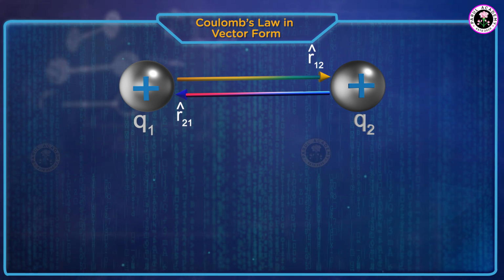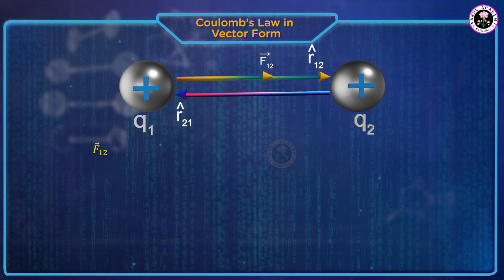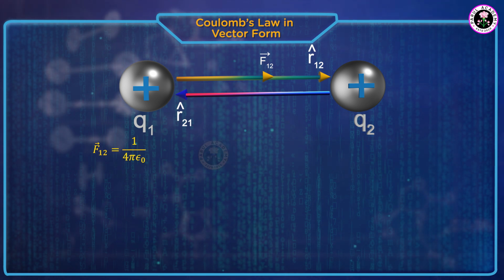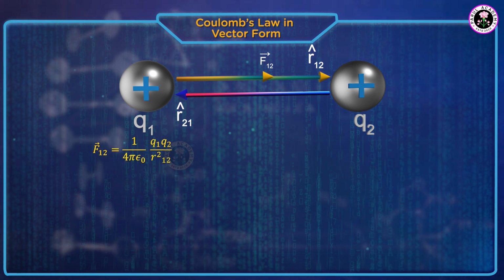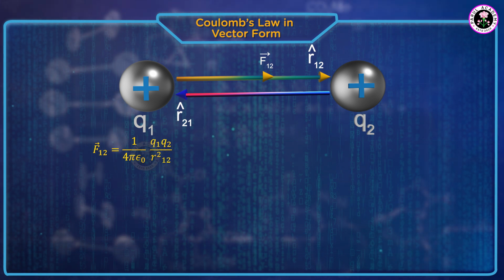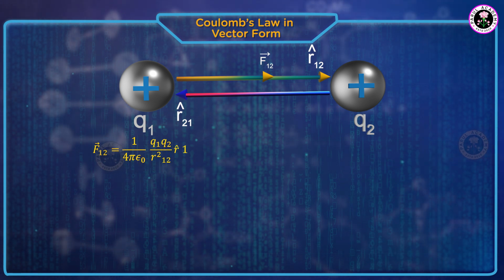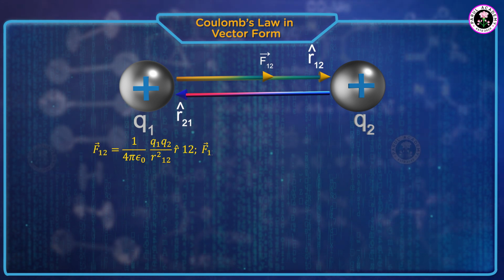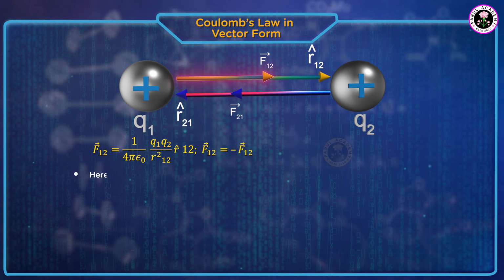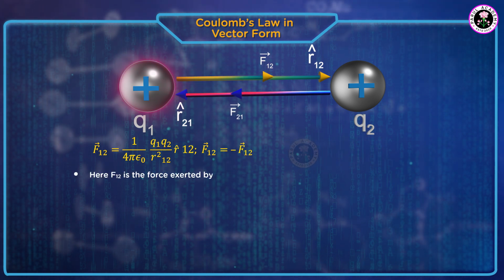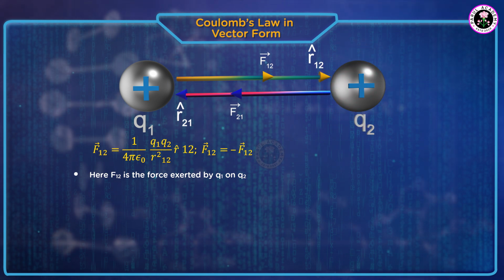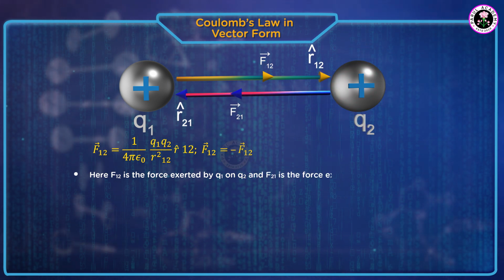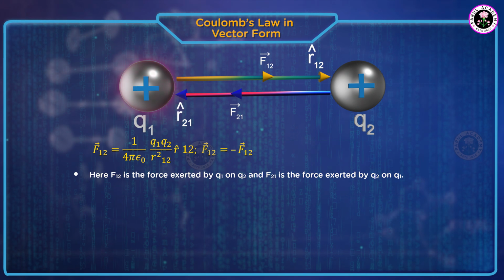Then F12 vector equals 1 by 4 pi epsilon naught Q1 Q2 divided by r12 square into r12 cap. So F12 vector is equal to minus F21 vector. Here F12 is the force exerted by Q1 on Q2 and F21 is the force exerted by Q2 on Q1.